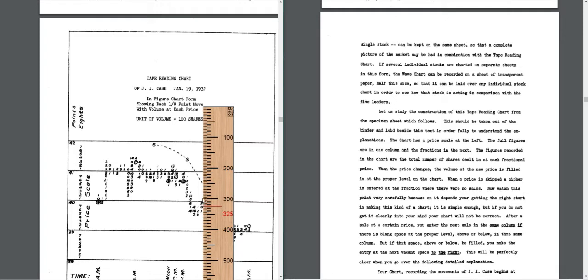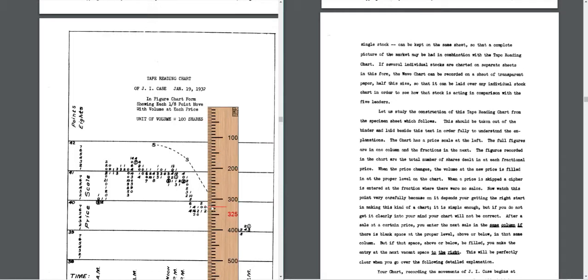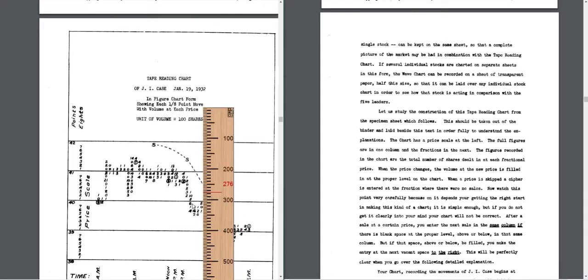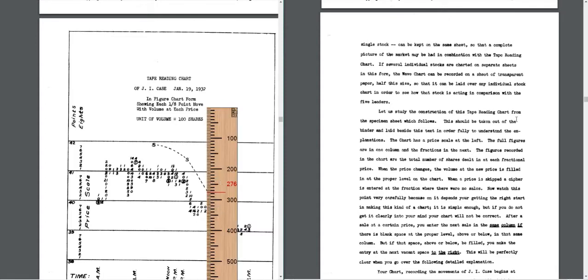If the space was filled, then you'd have to go to the next column here. That's all he's saying. If there's nothing in the space, it's blank, then you can put something in it. If it's filled up, just go to the next column. That's it.